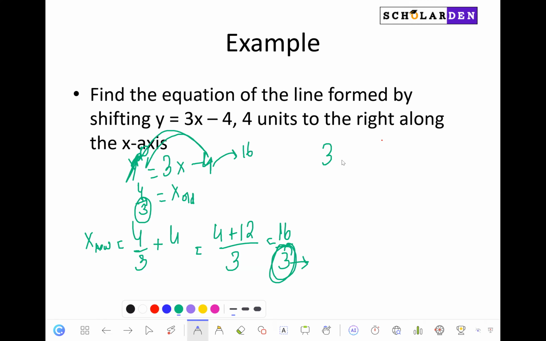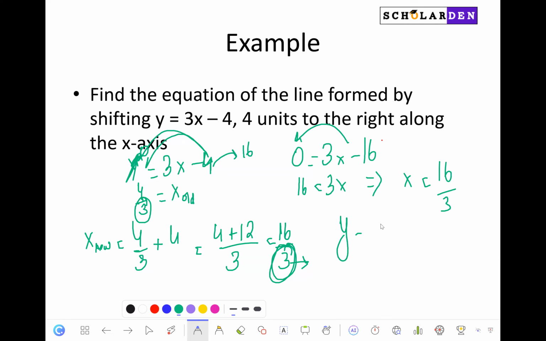So if I write 3x minus 16, and I plug in 0, to verify that this indeed is my new x-intercept, I bring 16 over here, 16 is equal to 3x, dividing both sides by 3, I get x is equal to 16 by 3, which is my correct x-intercept for the new line. So the new equation for the shifted line is going to be 3x minus 16, okay?